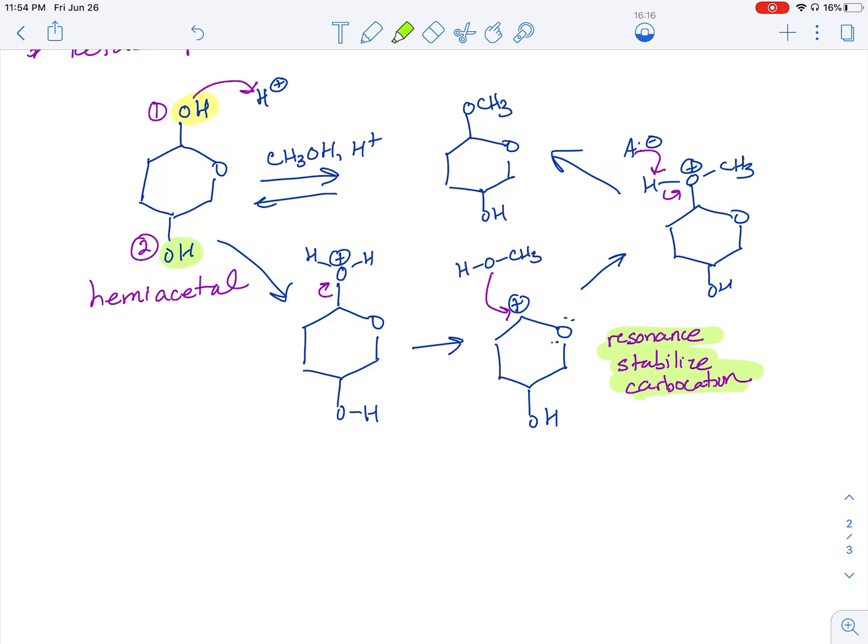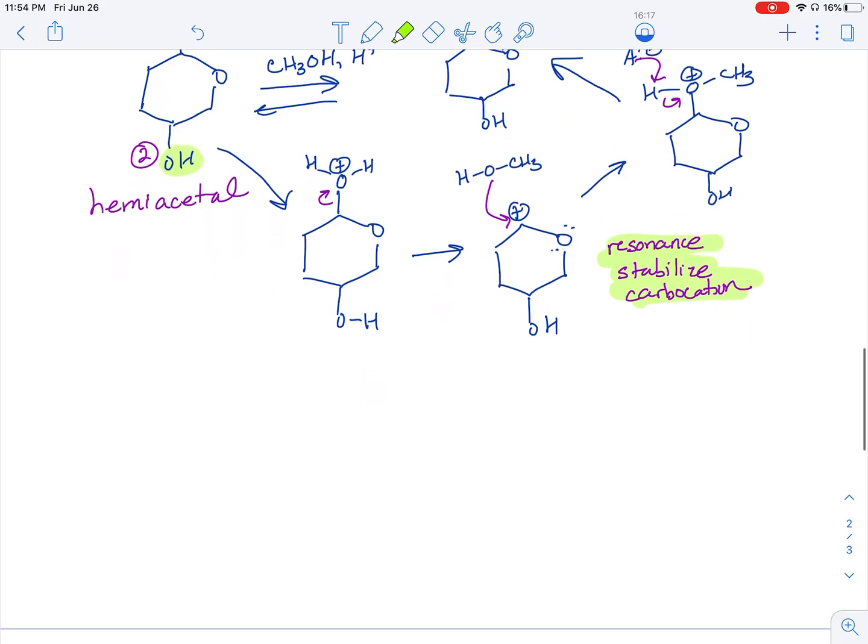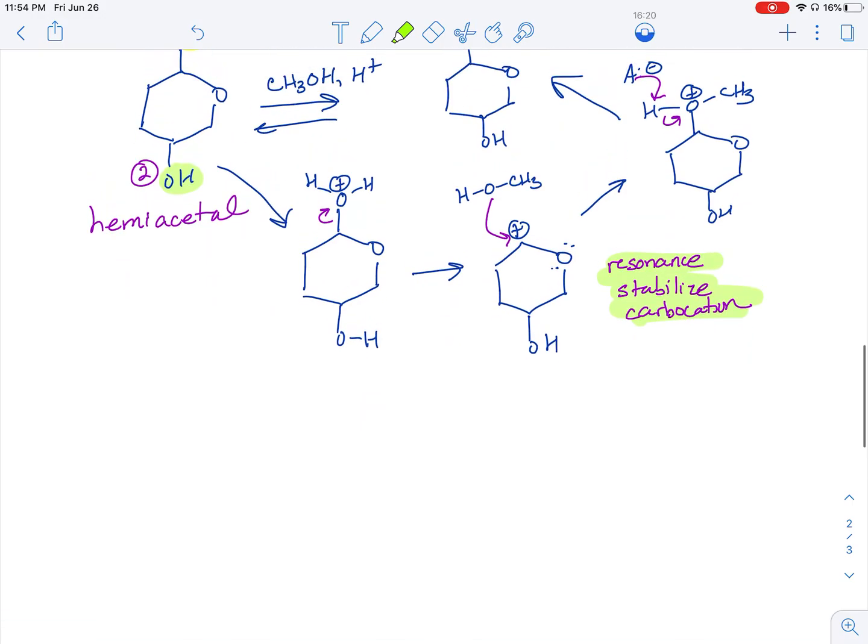So let's do this problem at home, and then again, if you want to try it, you can send it to me, and we can see how you did. So let's do a mechanism here. Can you figure out this mechanism?